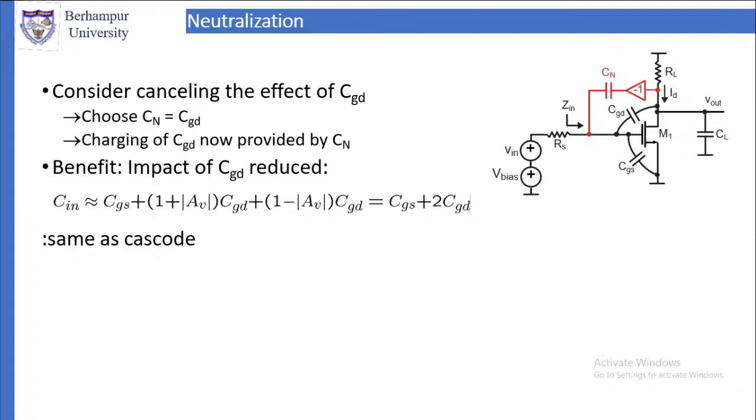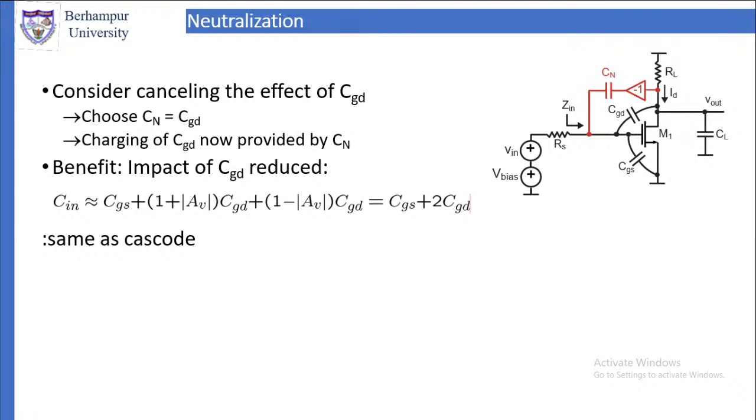What is the benefit? The benefit is the impact of CGD will be reduced, because if you look at the input capacitance, Cin will be CGS, plus with Miller effect CGD will be (1 minus AV) into CGD. Then the other one, the Cn part, AV is minus 1, so taking the absolute value, it will be plus 1, so (1 plus AV) into CGD.